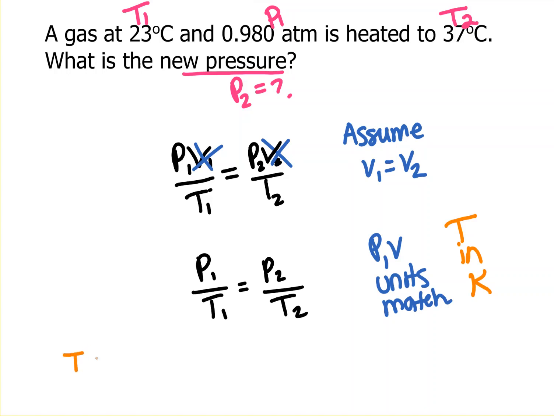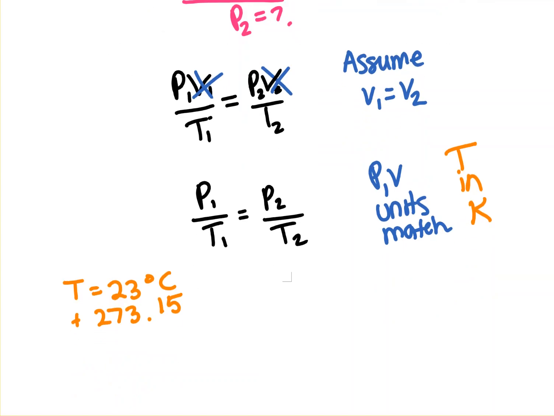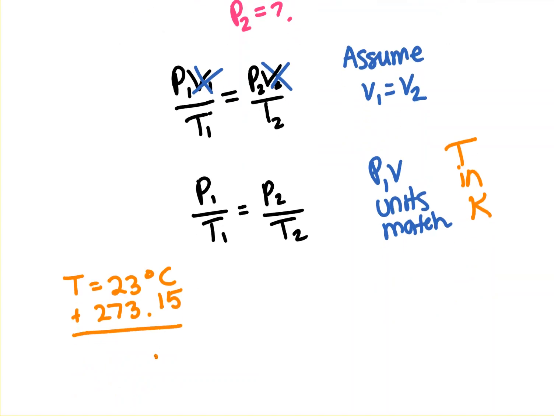So my temperature T1 is 23 degrees C. I'm going to add 273.15. I'm going to use extra digits even though I really only have 3 and I can keep track of that.